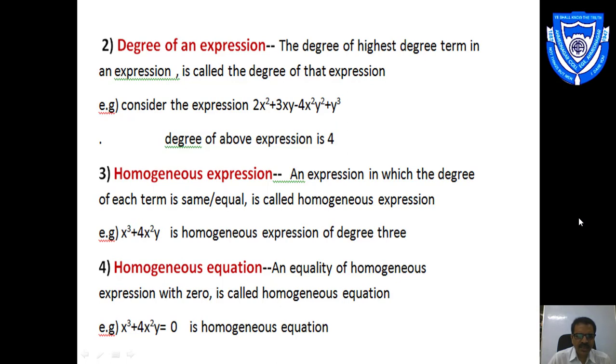This equality has a left hand side, which is a homogeneous expression, and a right hand side, 0. So here a homogeneous expression is equated with 0, and that's why this equality is considered to be a homogeneous equation. In this way, you can generate various homogeneous equations yourself.